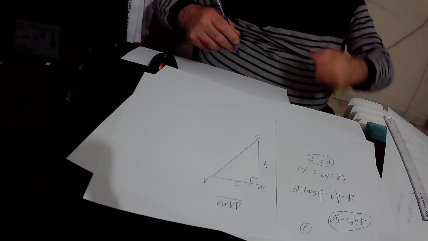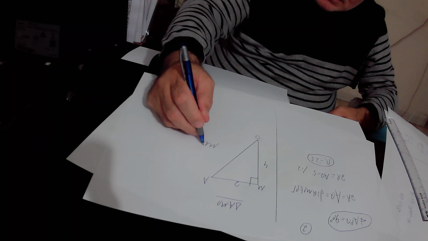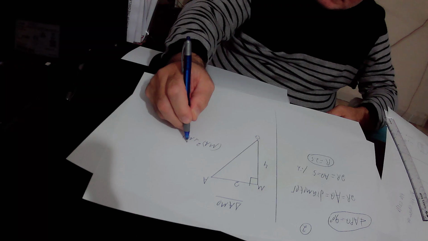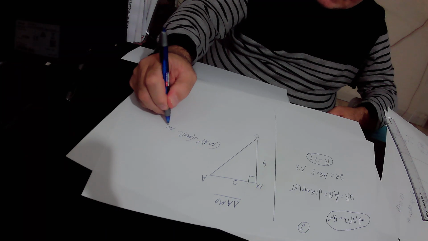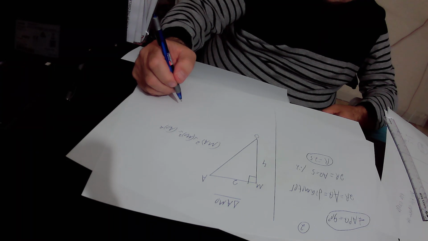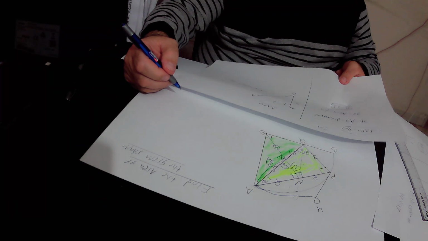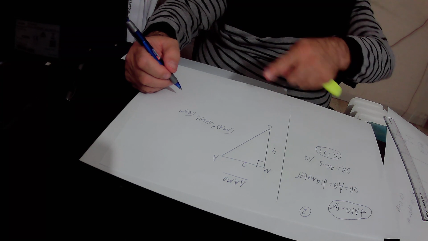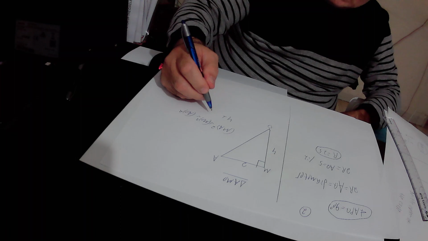According to the Pythagoras theorem, in the right triangle, MA square plus MO square equals AO square. MA is 2, therefore MA square is 2 squared, that is 4, plus MO square.